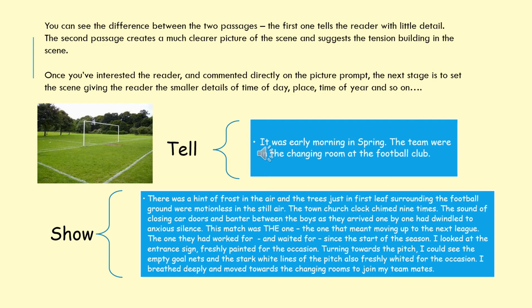After that, we have you as the main character looking around to describe what you see. So here we've got the freshly painted entrance sign. We've got the empty goal nets on the pitch, and the stark white lines had been freshly painted.